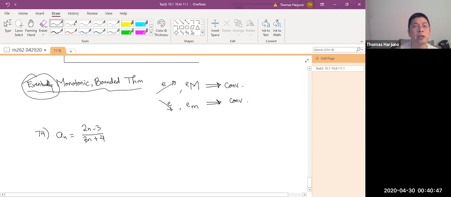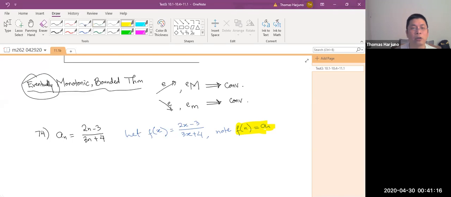So I say let f(x) equal 2x minus 3 over 3x plus 4. Note that f(n) equals a sub n. Basically, I need to say that the sequence we are dealing with originally is a subset of this continuous function.